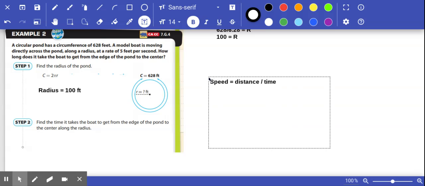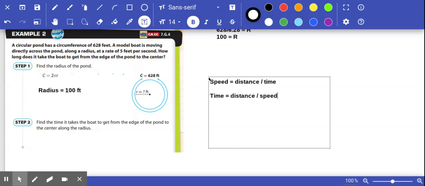So there's a division problem there. To figure out how long something takes, we have to rearrange that equation. So time is equal to distance divided by speed.